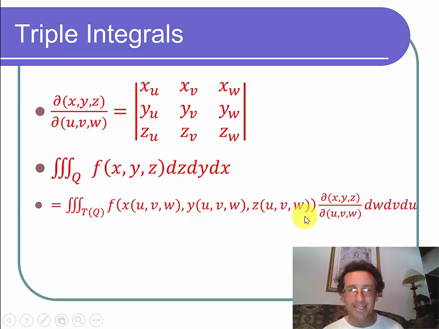I know it's a lot of writing, but it's really just a basic expansion from the two-dimensional idea. Times the Jacobian, del xyz over del uvw, dw, dv, du. And that's the big theorem for triple integrals.